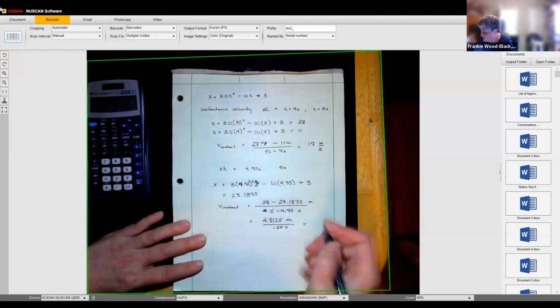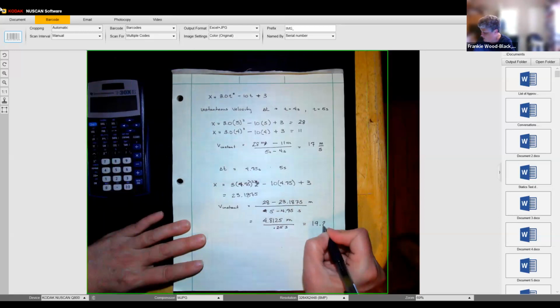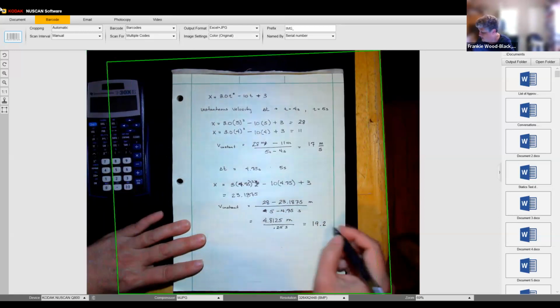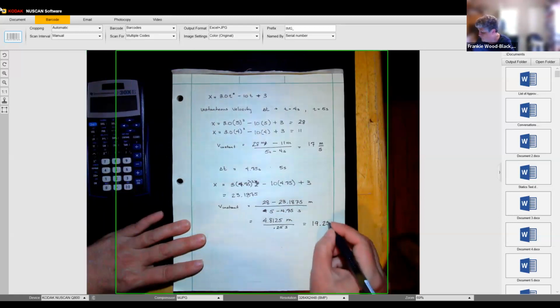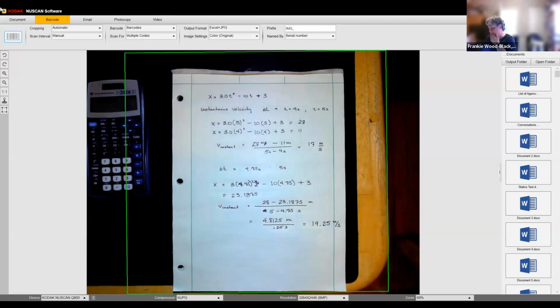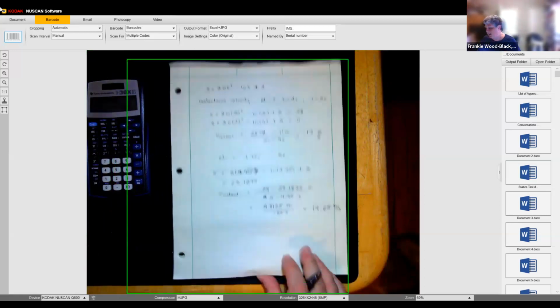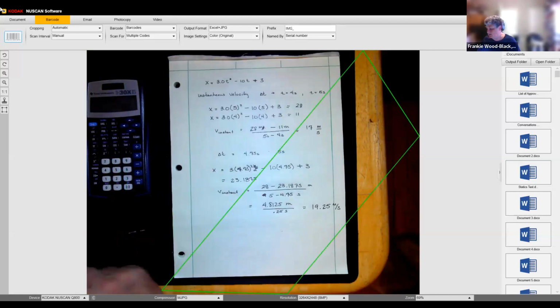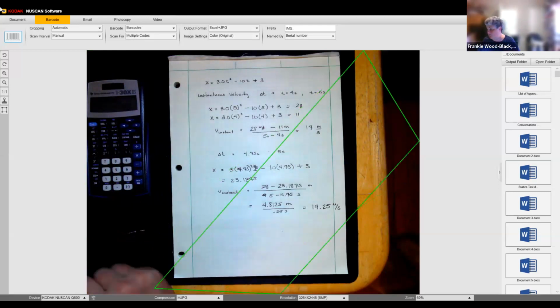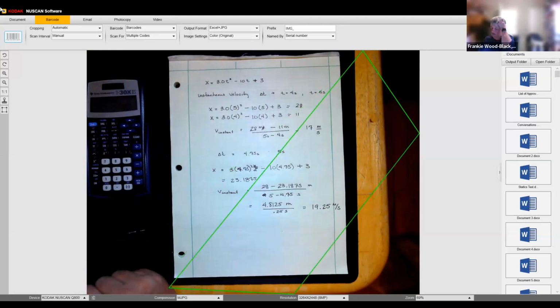And this gives me a value that's a little different: 19.25 meters per second. So we're getting an instantaneous velocity that's a little bit different. And then we'll show you a graph of that here in just a second.